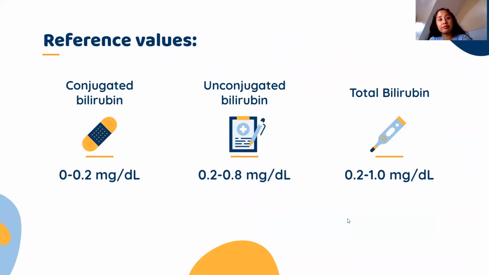So, class, the reference value for your bilirubin, mas marami ang conjugated. So, 0.2 to 0.8 kesa unconjugated, 0 to 0.2. Pag pina-add mo to, equals total bilirubin. So, guys, just to share to you yung reality sa laboratory. The tests that we have usually measure total bilirubin and conjugated bilirubin.